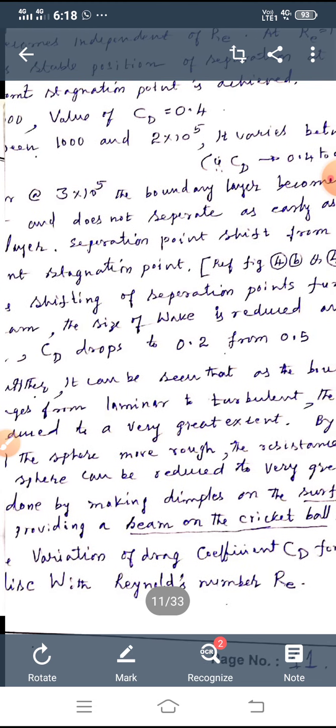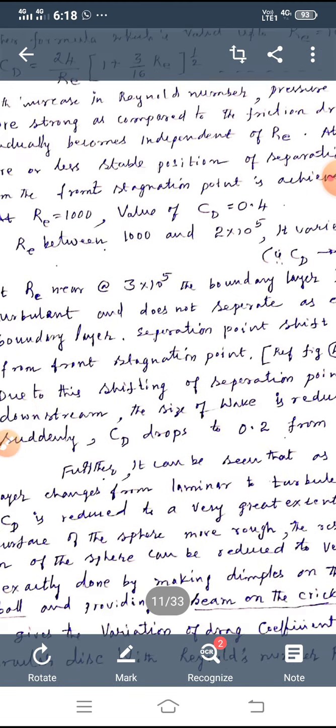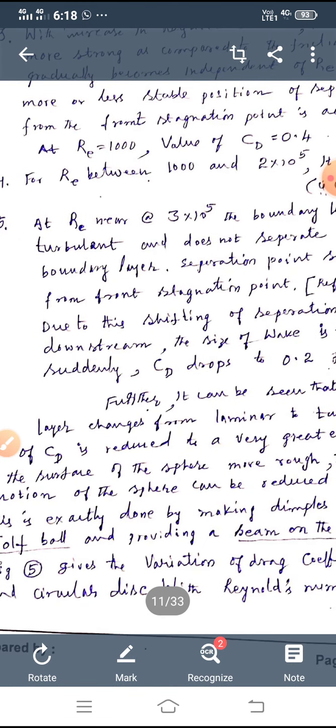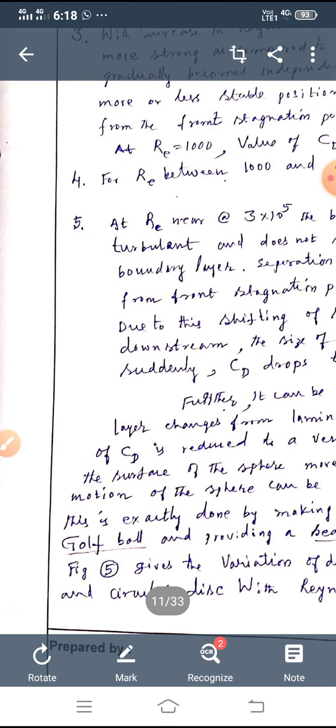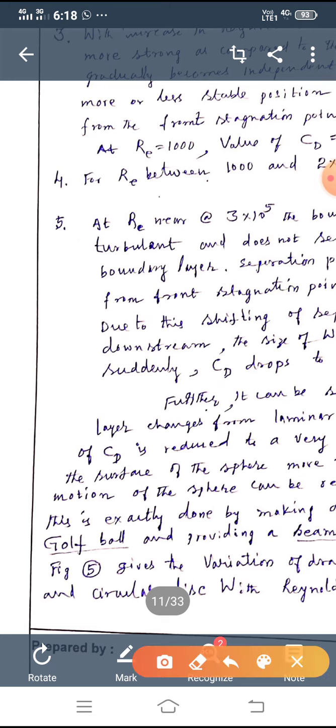That's why it is being done with the cricket ball seam and by making dimples on the golf ball. You can see here on the golf ball as well as on the cricket ball, the seam is being done so that the resistance is reduced.